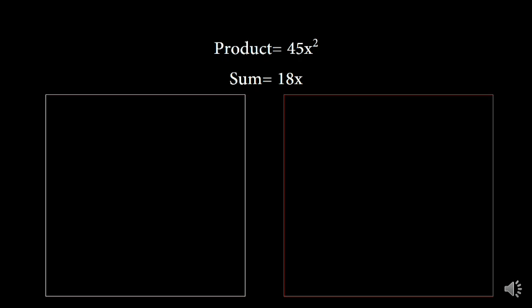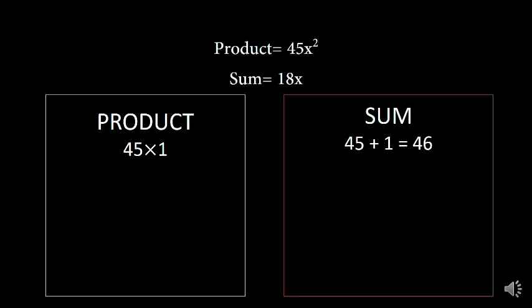So let's start. 45 times 1 is equal to 45. But 45 plus 1 is 46. That means I can't use this to solve this question. Let's move to the next one. Minus 45 times minus 1 is equal to 45. Then minus 45 plus minus 1 is equal to minus 46. So I can't use this to solve this question.